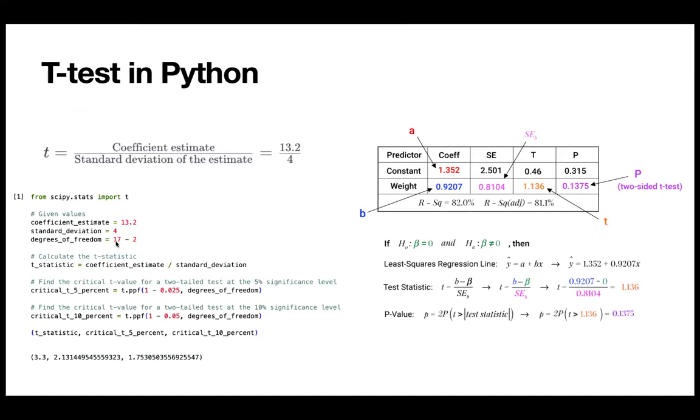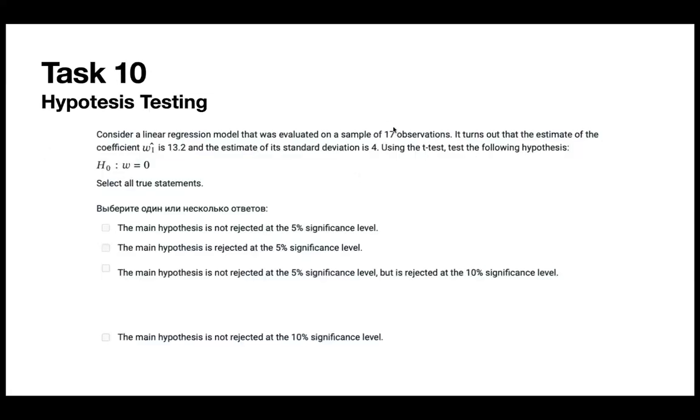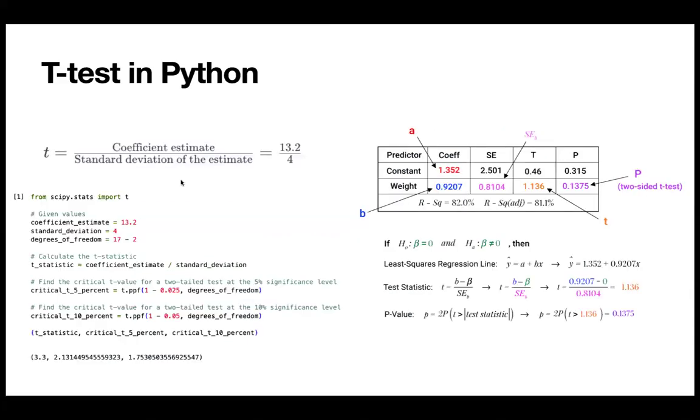So the number of degrees of freedom is just the number of our observations, which is 17, minus 1. So that will be 16, not 15, like it's here. Yes, and then we just use the Python function.